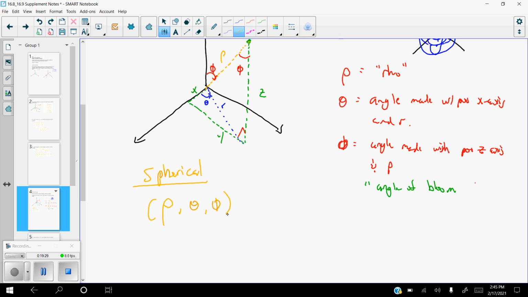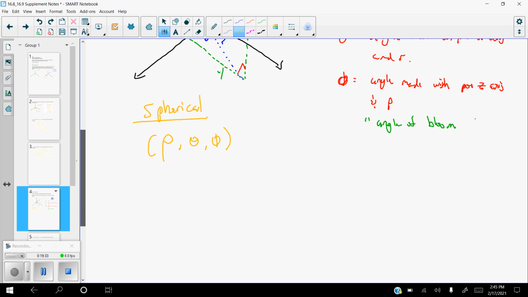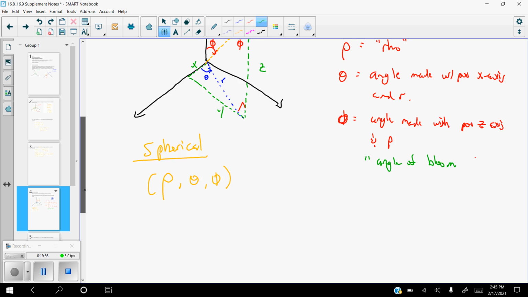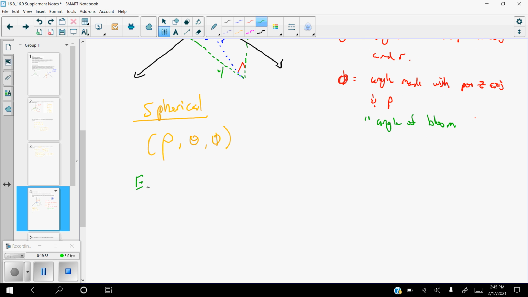So we're going to need some equations, some ways to translate these things. Hopefully these equations will help to get from either rectangular or from cylindrical to spherical.